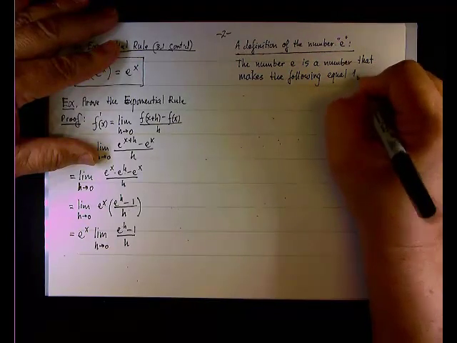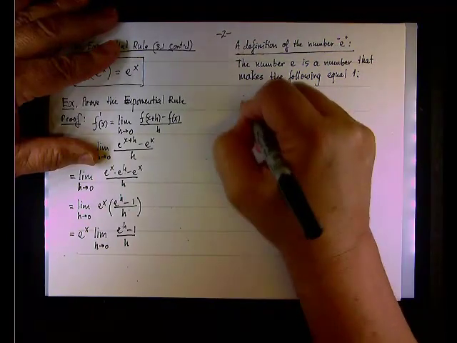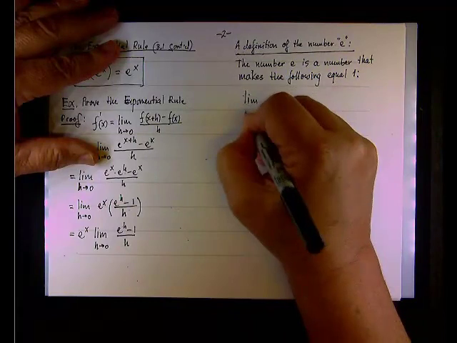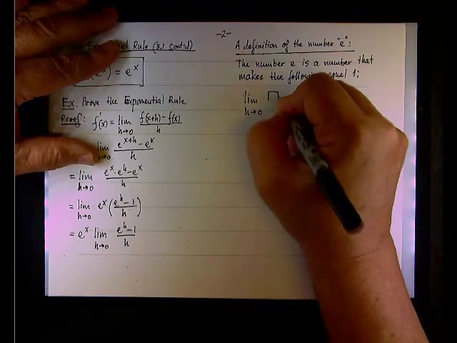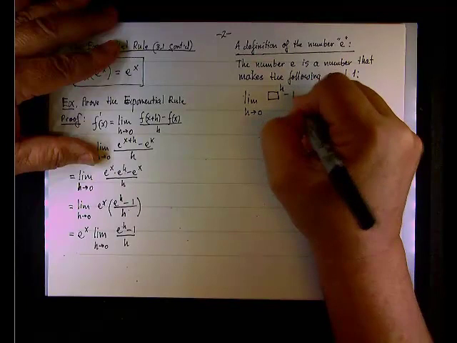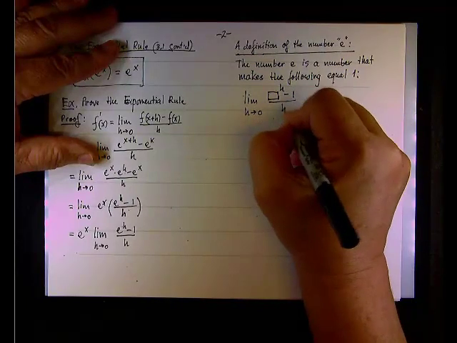Equals 1. Okay, what is the following limit? It is the limit as h approaches 0 of a box here to the power of h minus 1, divided by h.